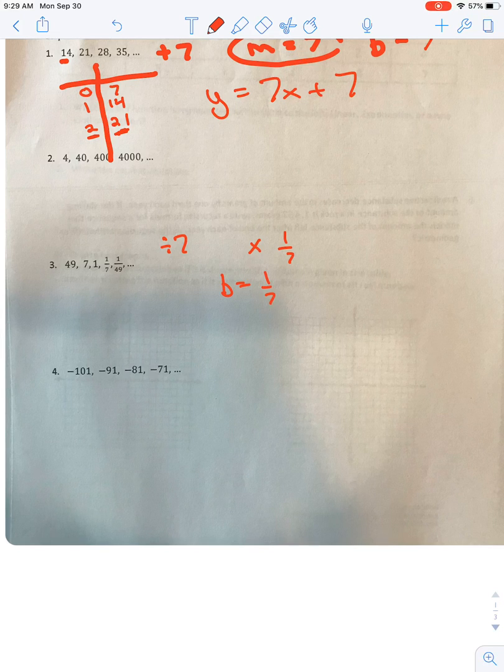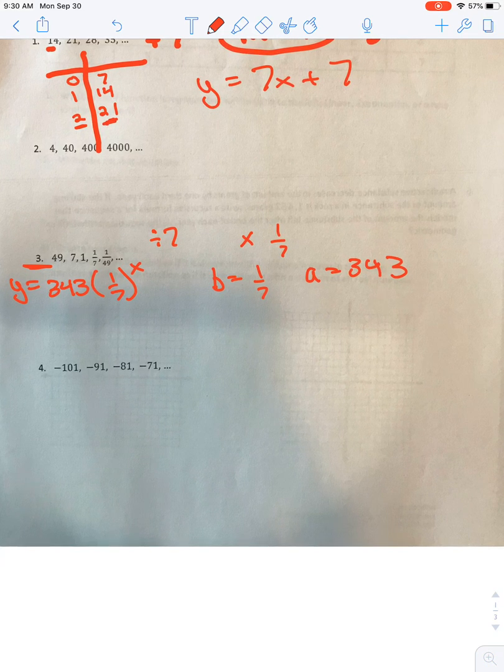And my start value would be term 0, the one back here, before 49. So that would be 49 times 7, which is 343. So the explicit for this one would be y is equal to 343 times 1/7 to the x.